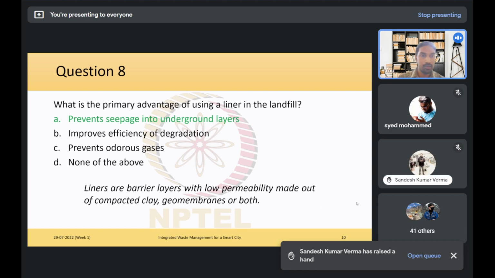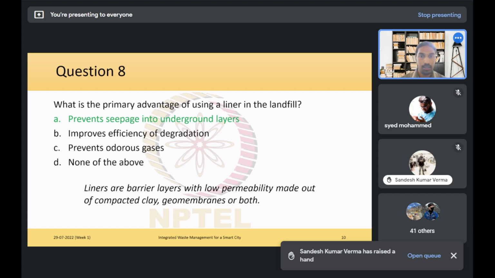Madhur has said we could think of these as plastic sheets. Yes, but not just plastics. It helps to think of it that way, but it could be made of compacted clay as well, right? The purpose is to not have any porous layer, so we want the leachate to be retained above this bottom layer of the landfill.